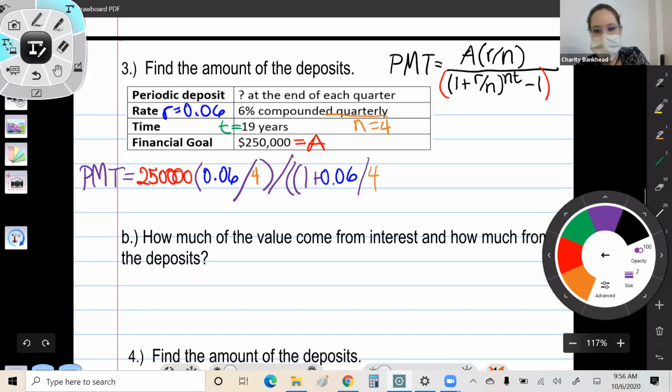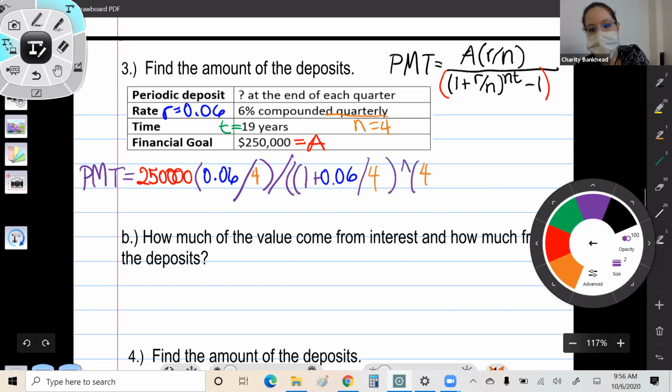Close the parentheses, to the power of parentheses 4 times 19, close the parentheses, minus 1, close the parentheses.